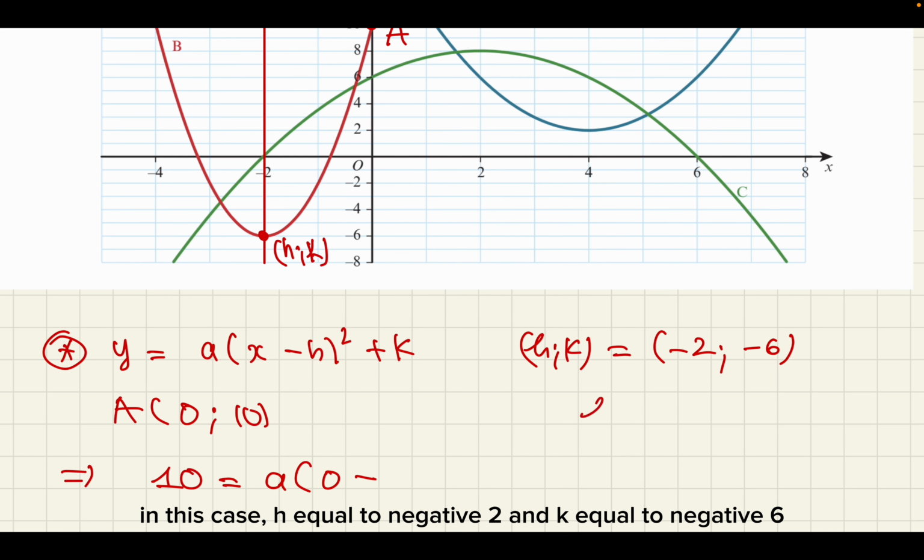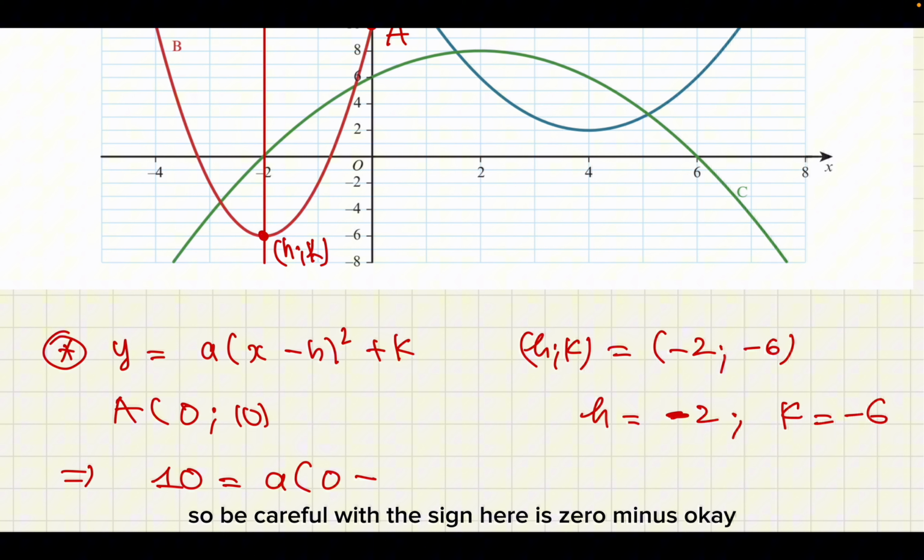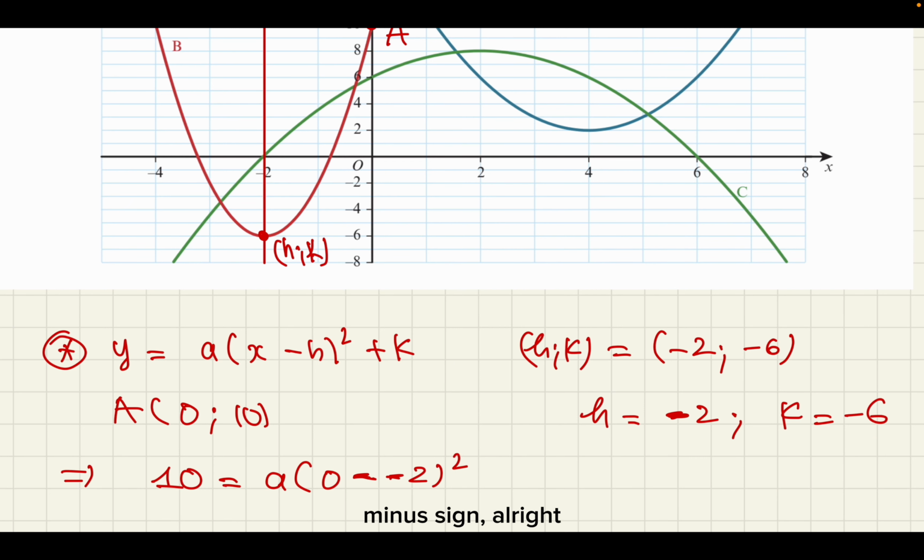In this case, h equals -2 and k equals -6, so be careful with the sign. Here is 0 minus h, and h equals -2, so be careful because it has a double minus sign. Then plus k, where k equals -6.